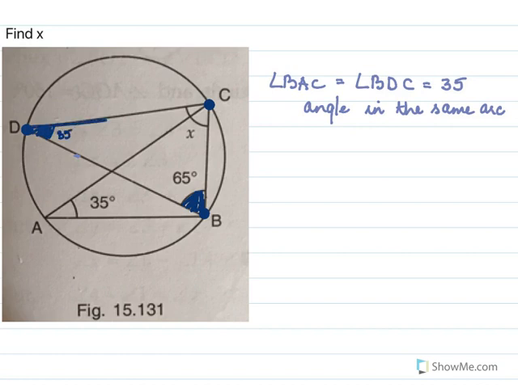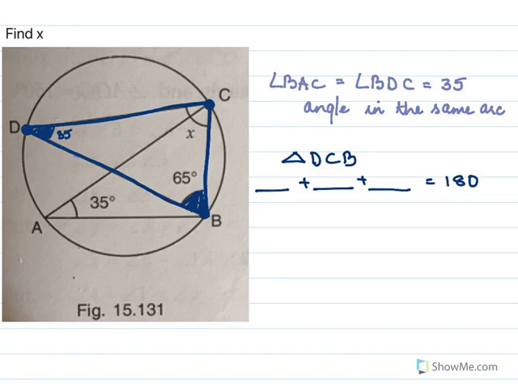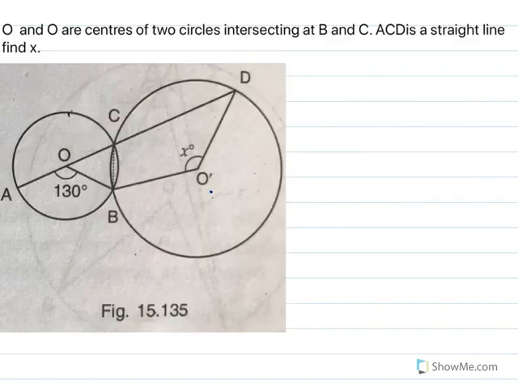So if you take the triangle CDB, in this triangle DCB, you have three angles equal to 180. So we have 35, 65 and x equal to 180. So 100 plus x is 180, so x will be 80. So the answer is x equal to 80.